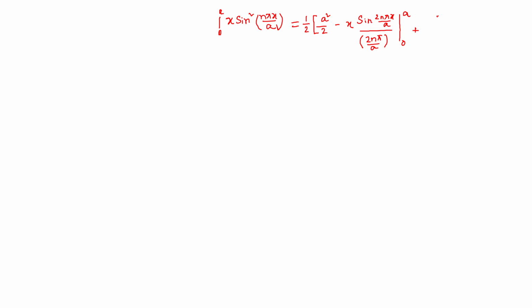Okay. So this half, a²/2, minus, if I put x equals a, my expression will be a sin(2nπ), since 2nπ into a by a cancels out, divided by 2nπ/a.